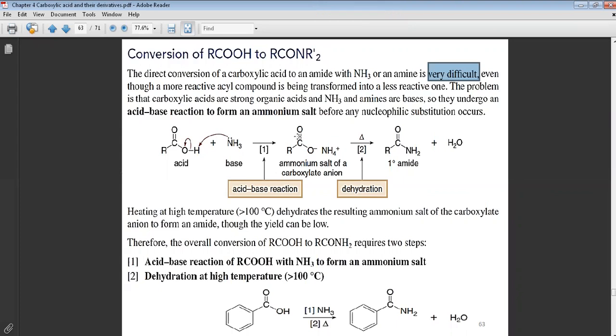Now we just have an additional step, heating, for the dehydration. Remove the H2O from the ammonium salt to give you the amide. That means we need an additional heating step.